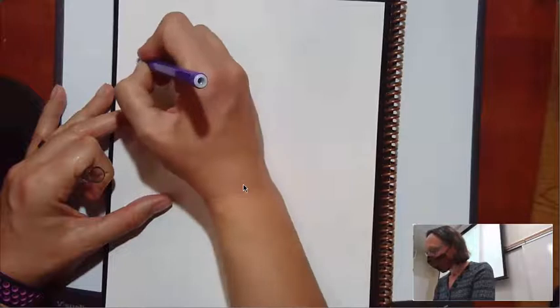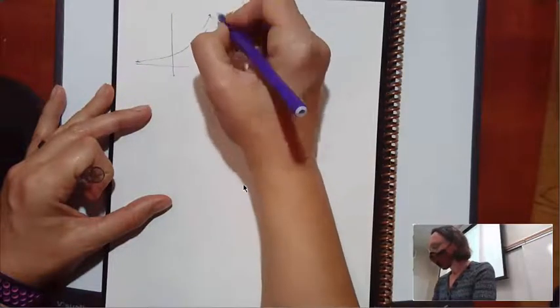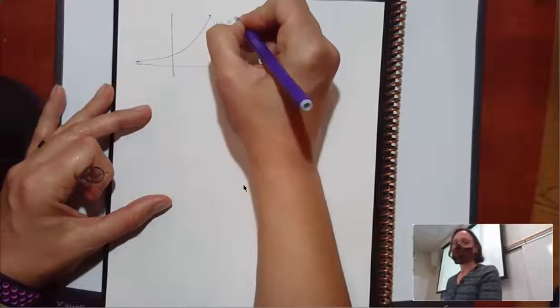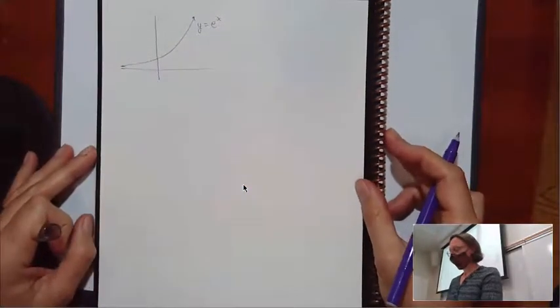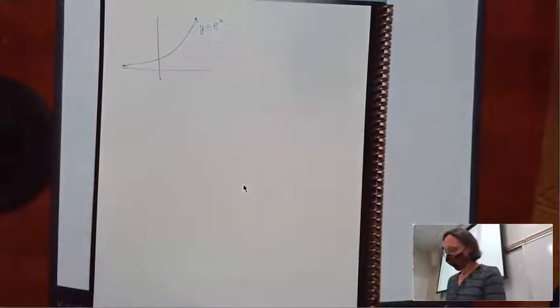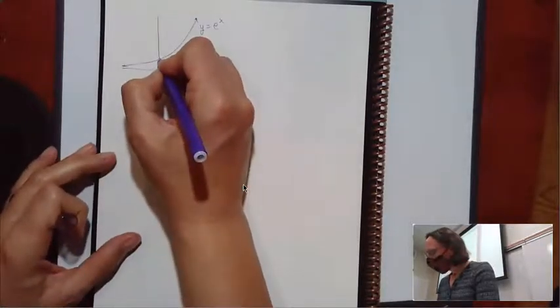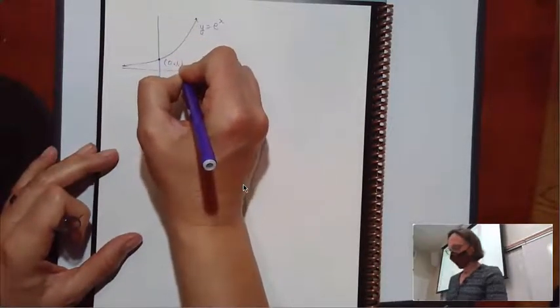So here is y equals e to the x. And it's important to know that the intercept is at (0, 1).